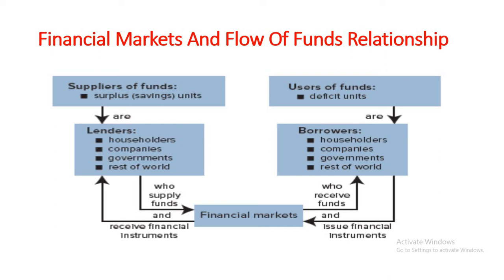So the deficit unit and borrowers issue financial instruments in the financial market, and savers or investors invest their fund in the financial market. And this is how financial markets transfer fund from surplus unit to deficit unit.